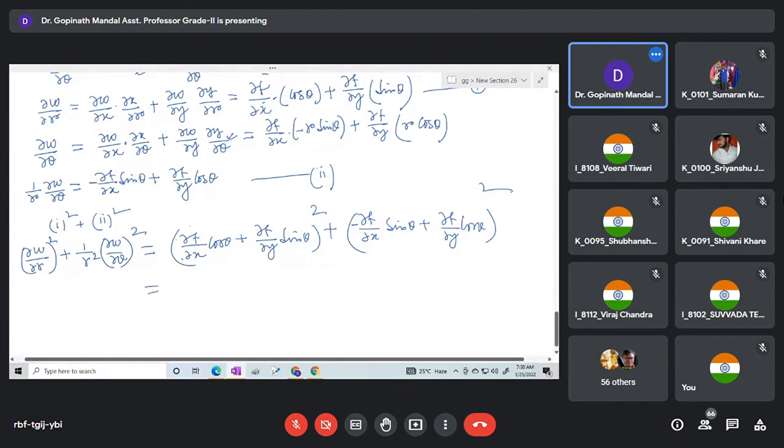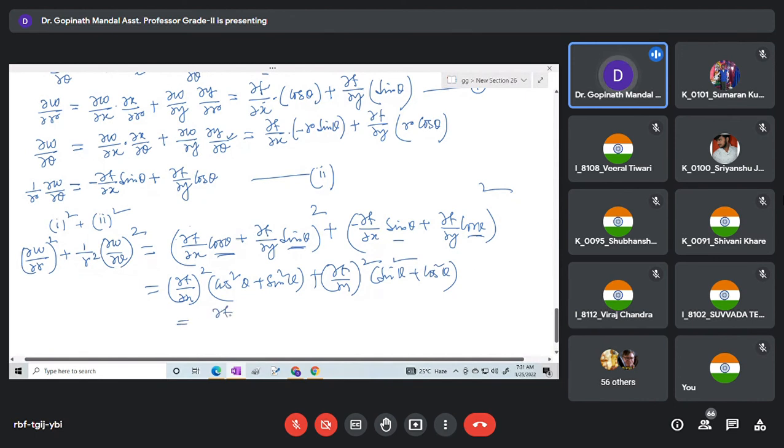Simplifying, we get (∂f/∂x)² cos² θ here and sin² θ there, plus (∂f/∂y)², here sin² θ and there cos² θ, and the other terms will cancel out. This will be (∂f/∂x)² plus (∂f/∂y)², and this is proved.